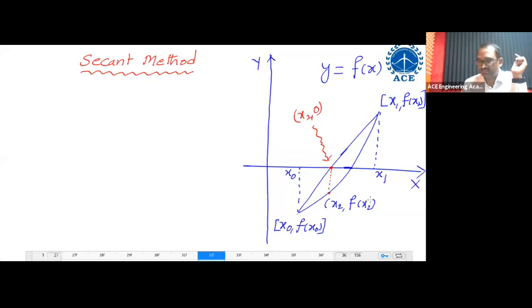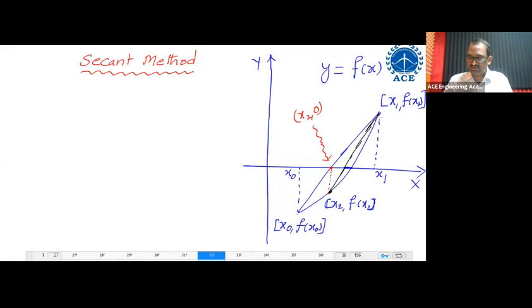So what I said, every time you need to draw a secant line. The first secant line should pass through x0, x1. The next secant line should pass through x1, x2. This is x1, this is x2. The second secant line is passing through x1, x2.